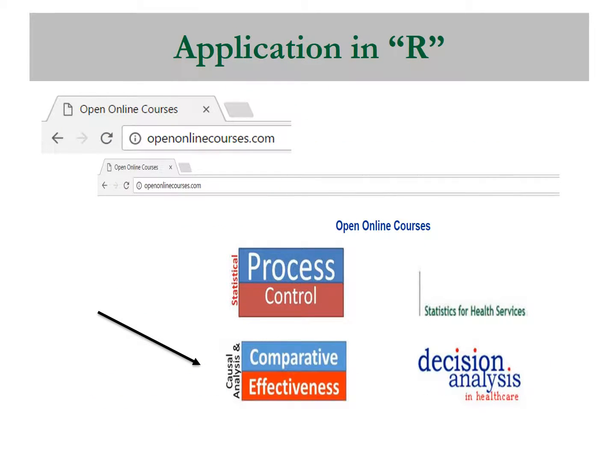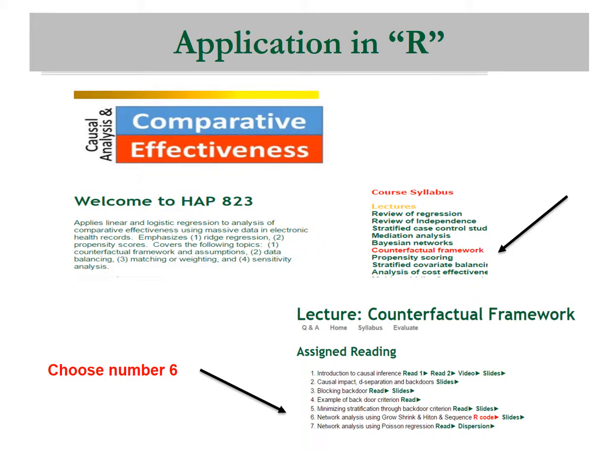Okay, so I'm assuming that you typed in openonlinecourses.com. You will be directed to this page that you see on the screen. You click on comparative effectiveness. Then you click on the arrow highlighted in red on the right above, counterfactual framework. Then you will be led to another page.